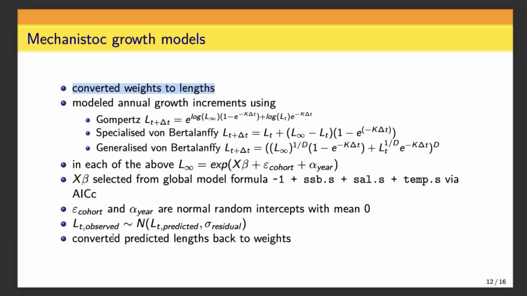So you go forwards to the lengths and then backwards to the weights, and it seems to be fine. We got those A and B coefficients from FishBase that I'll share a link for, but if you have them more specifically to your stock, you could use more specific ones.